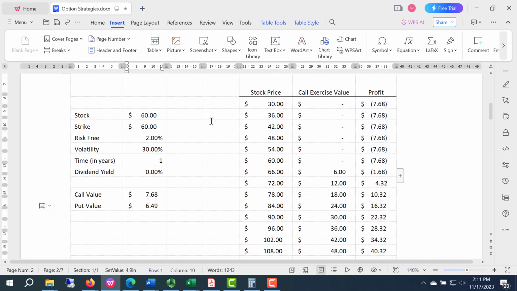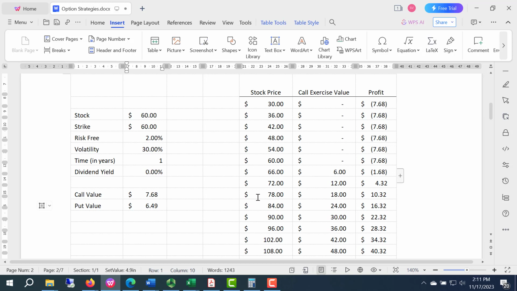So just to show you one quick calculation here, if the stock price ends up being $66, the exercise value would be $66, the stock price here, minus the strike price of $60, so our exercise value is $6. And then our profit would be the $6 minus the price of the call of $7.68. So we'd lose $1.68 if we purchased that option, and the end result was a $66 stock price.